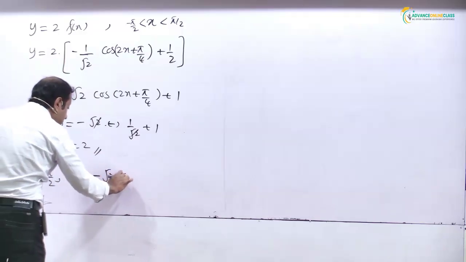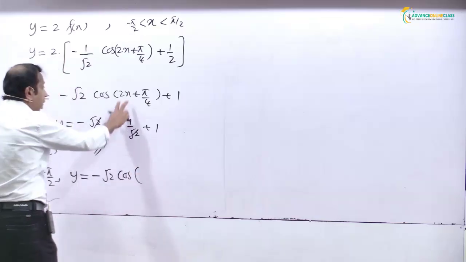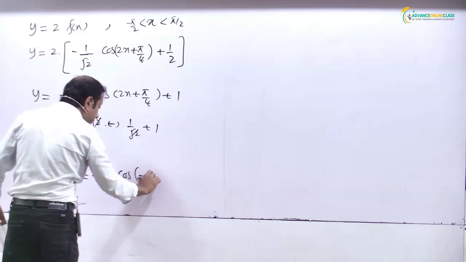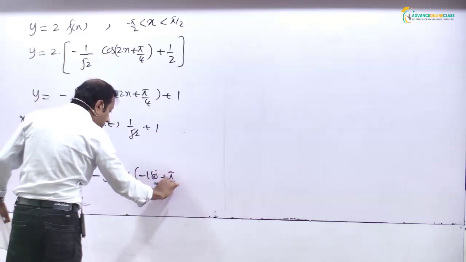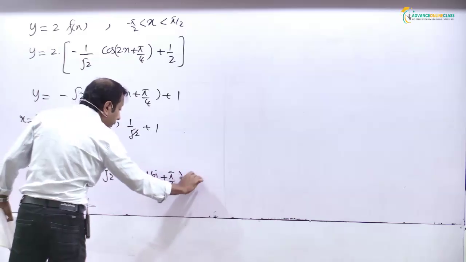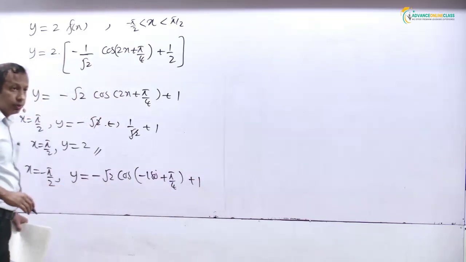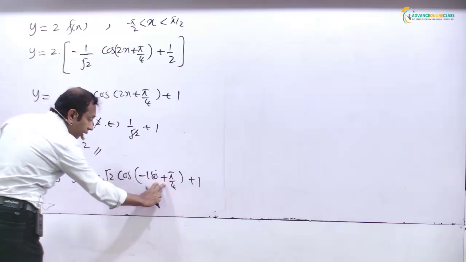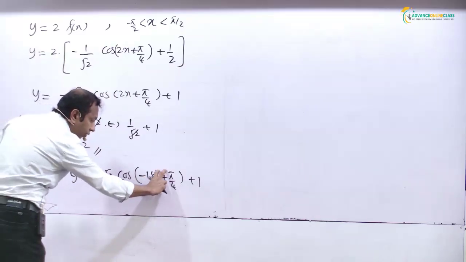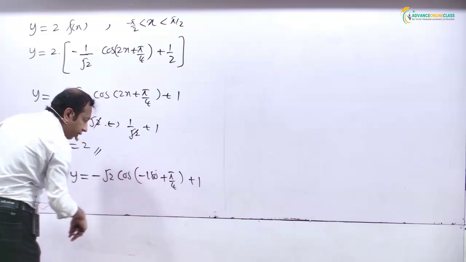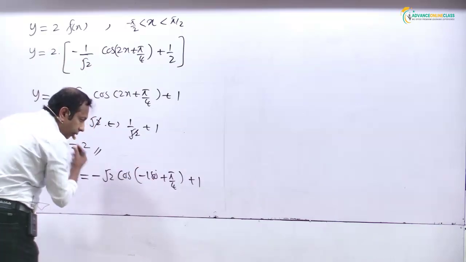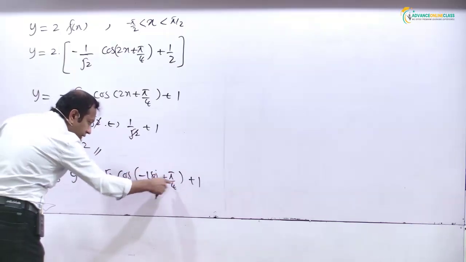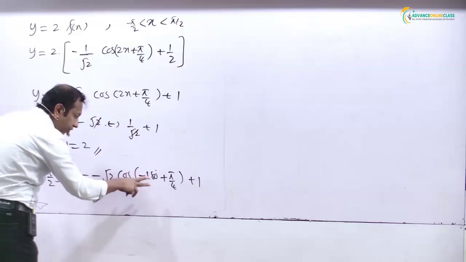Y equals minus root 2 cos(minus 180 plus pi by 4) plus 1. Right? You know, again, inside the bracket, we have a minus sign now, we can take minus out, and inside the same angle we can write. Then we get cos minus (180 minus pi by 4). You know, cos(minus theta) is cos theta.